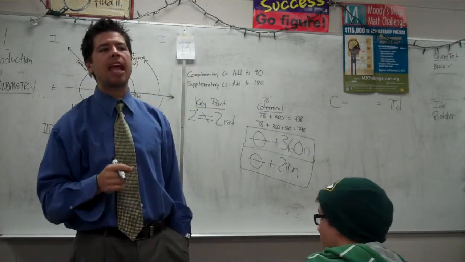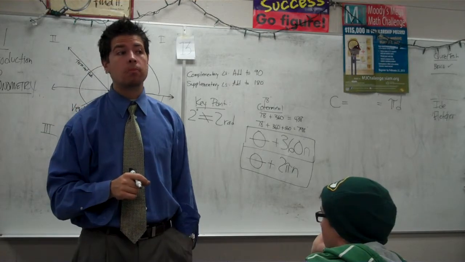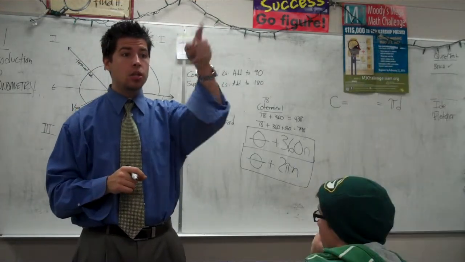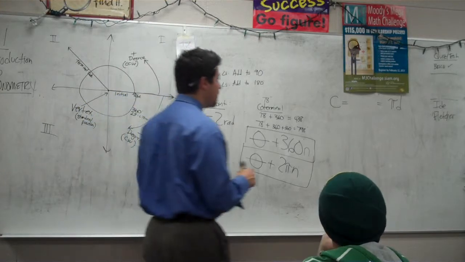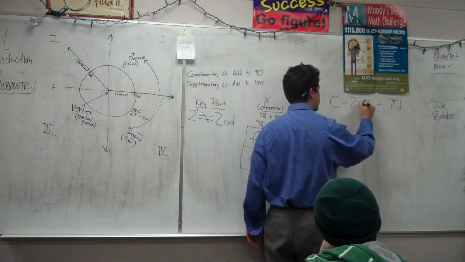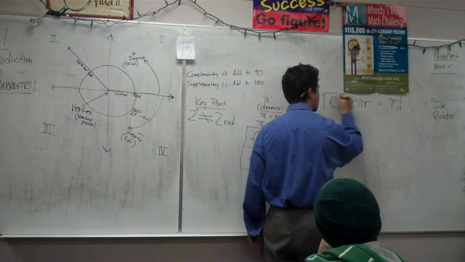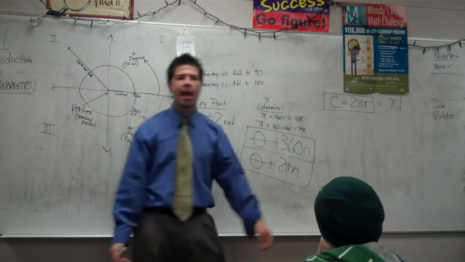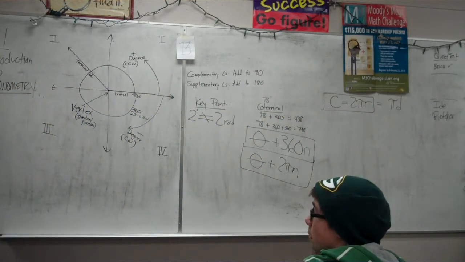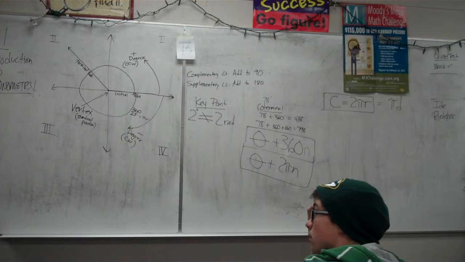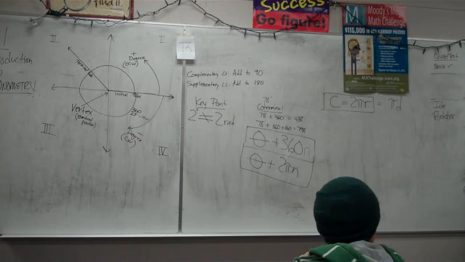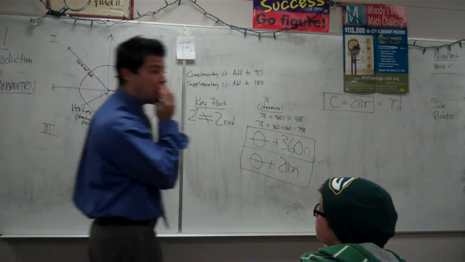What is diameter the same as? 2r, 2 radii. So 2 pi r. Pi r squared is the area. So if the circumference is 2 pi r, we have something called the unit circle, which we love. The word unit means what number?